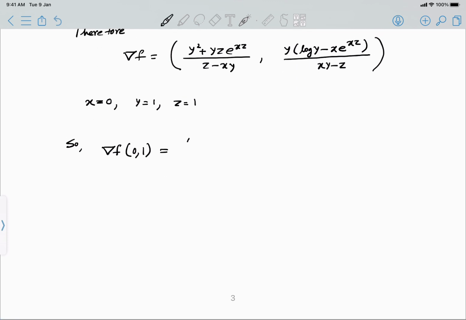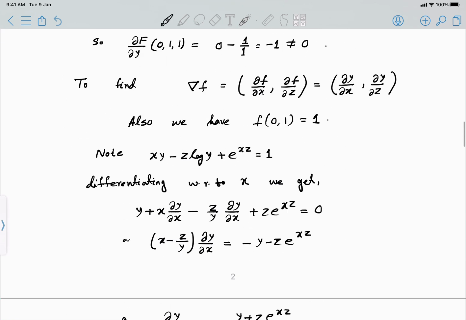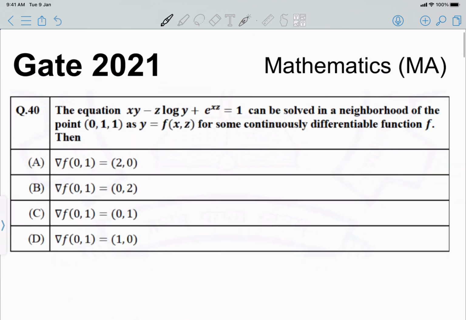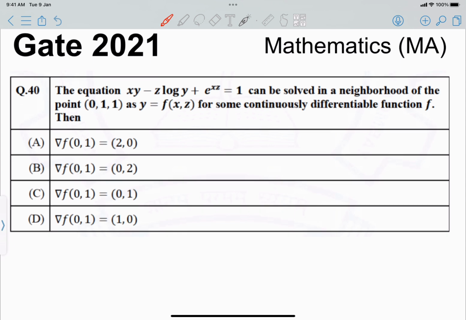If you put it here, what will you get? y squared is 1 plus yz is 1, divided by z which is 1, comma y is 1, log y is 0, so it's 0. So it's 2 comma 0. So the gradient at the point 0 comma 1 is 2 comma 0. Okay, so this is the answer. So which answer is correct? 2 comma 0. Therefore option A is the correct one.